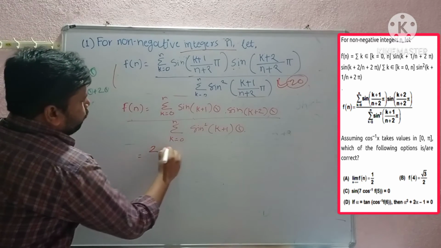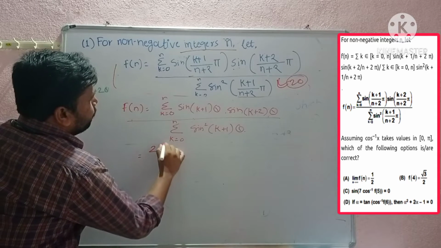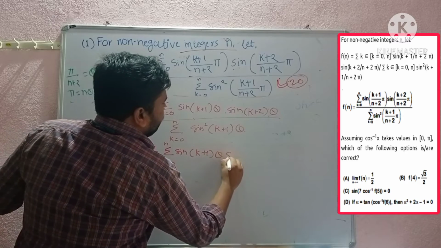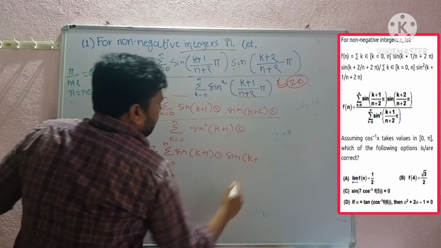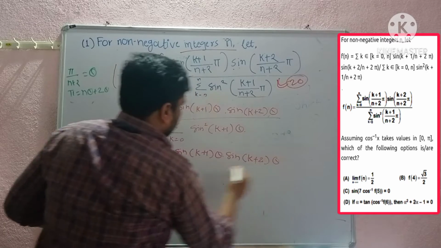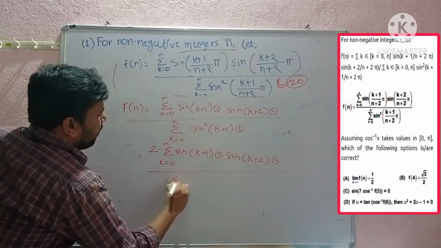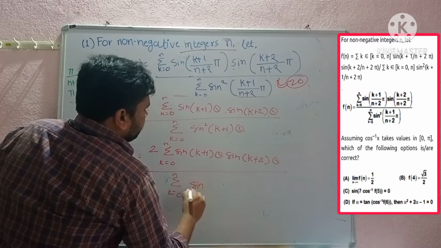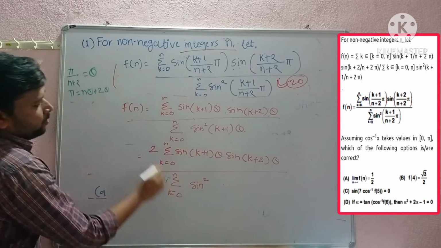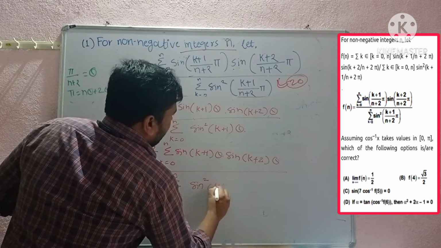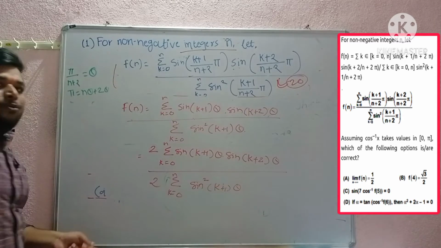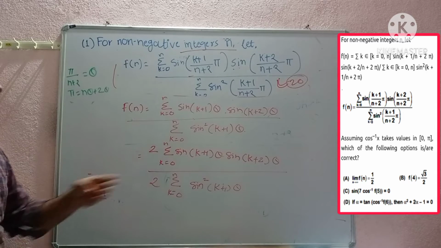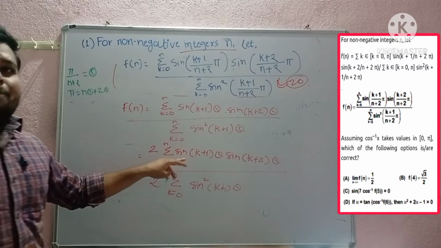Now 2 sigma k is equal to 0 to n sine (k plus 1) theta into sine (k plus 2) theta divided by sigma k is equal to 0 to n sine square (k plus 1) theta. Now observe this equation. What simplification can be done in this? Is it an identifiable form?